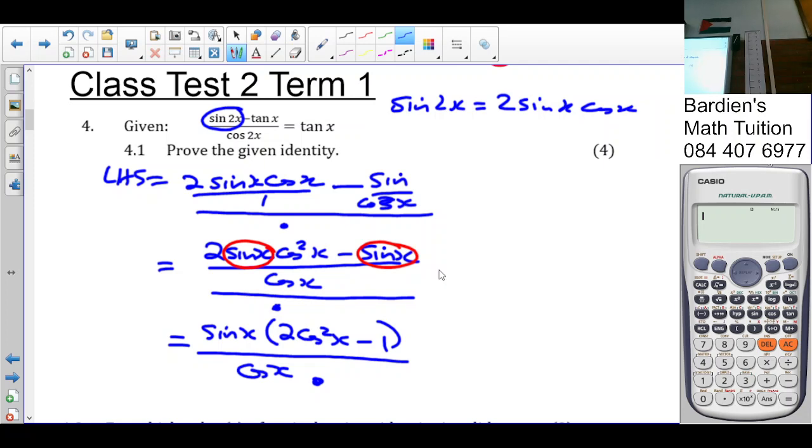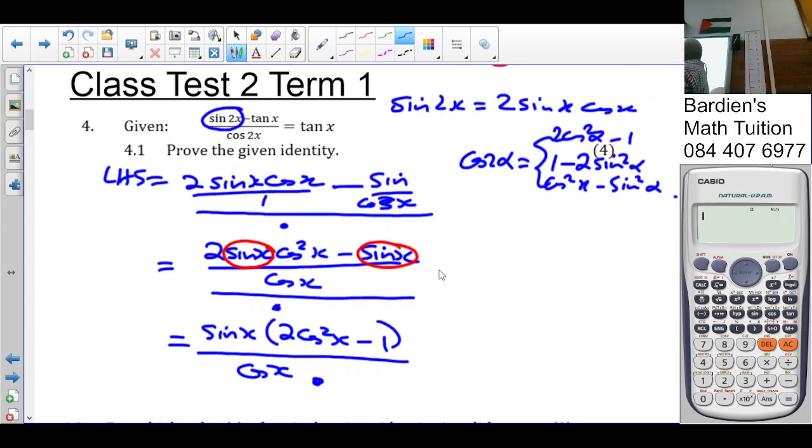Now if you look at cos 2x, cos of 2x can be written as 2 cos squared x minus 1, 1 minus 2 sine squared x, and cos squared x minus sine squared x. That's all. So which one do you think we're going to use? The one dealing with 2 cos squared x minus 1. Why that one?